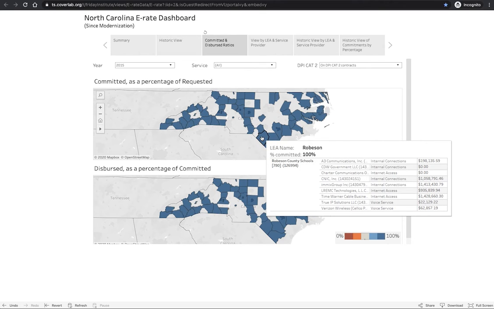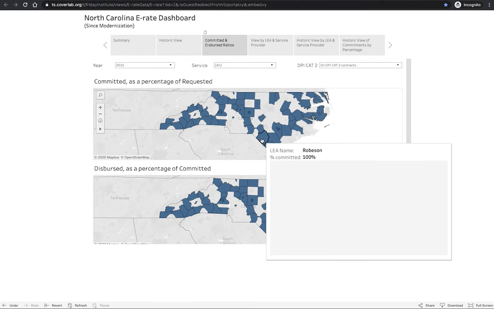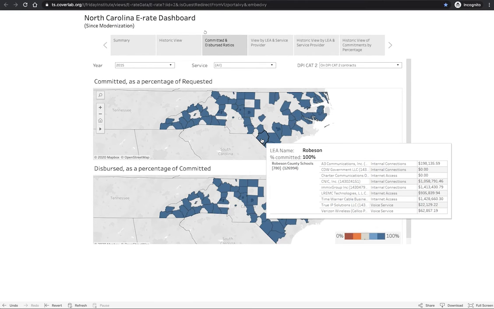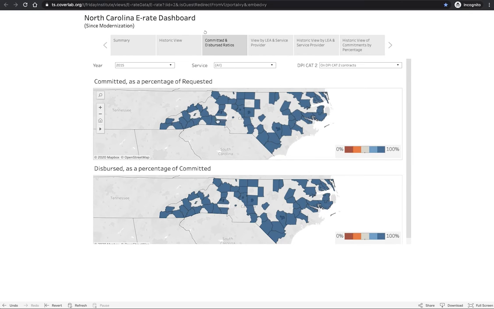For category 2, the list in this chart will be pretty short. We're still displaying all of the other things. For example, here you can see Verizon Wireless for voice services is not on the DPI contract, but the visualization is based on the DPI contract.